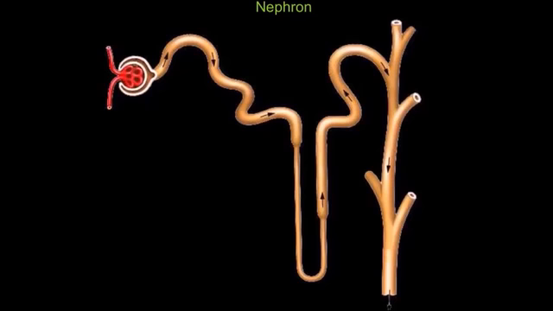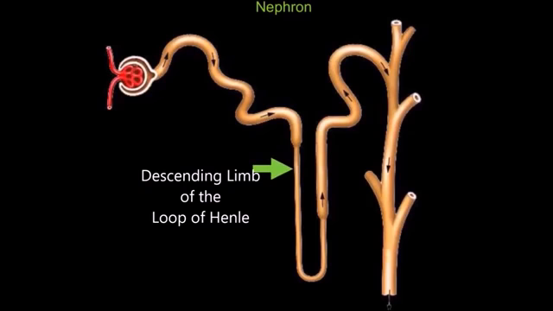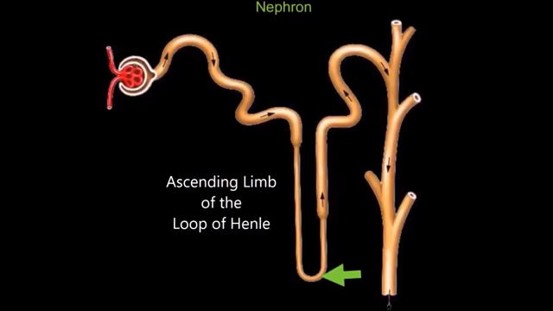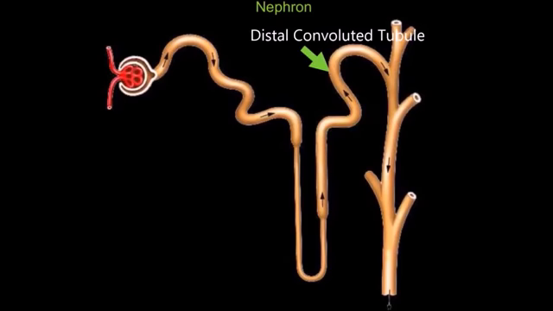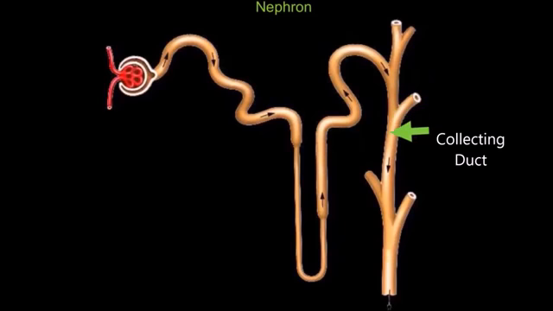After Bowman's capsule is the proximal convoluted tubule, followed by the descending limb of the loop of Henle, the ascending limb of the loop of Henle, the distal convoluted tubule, and the collecting duct.